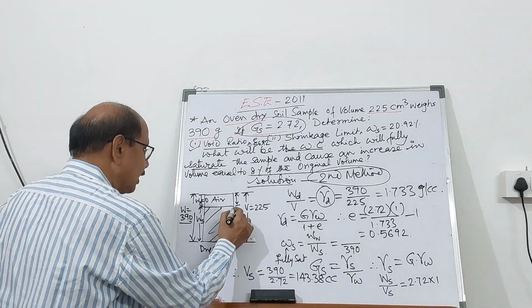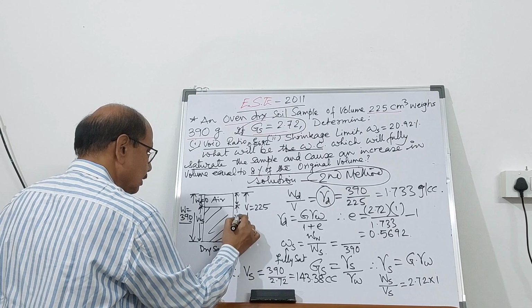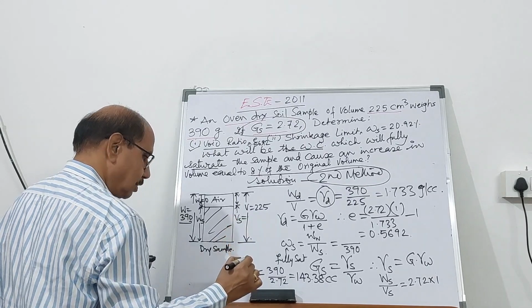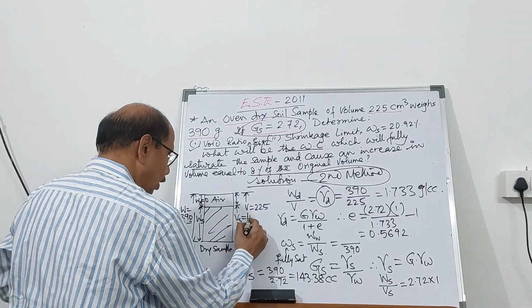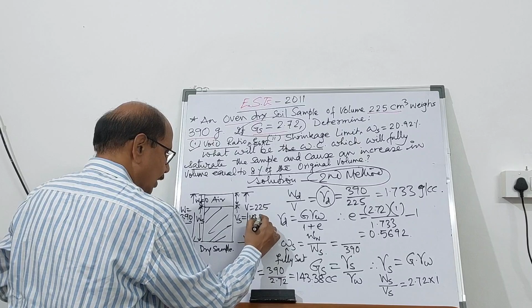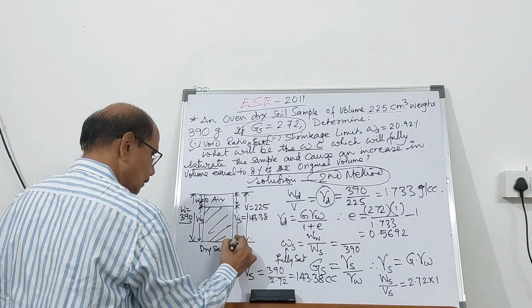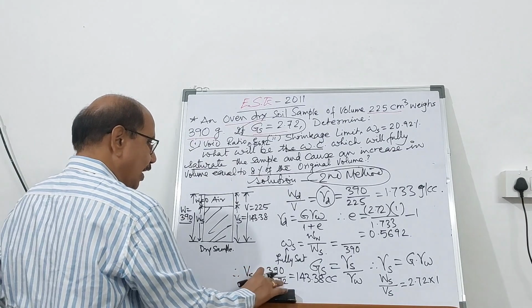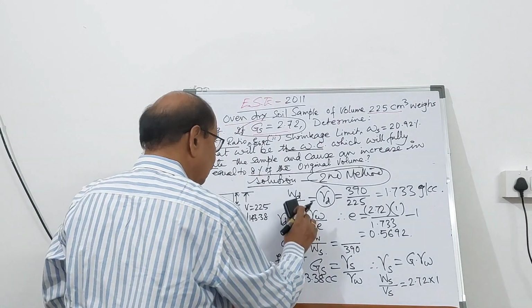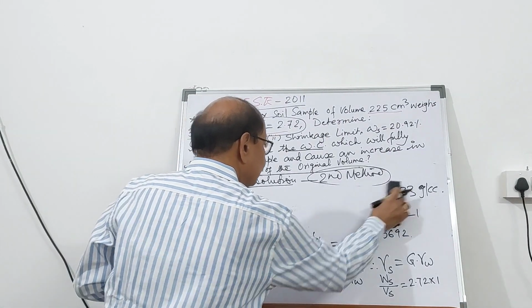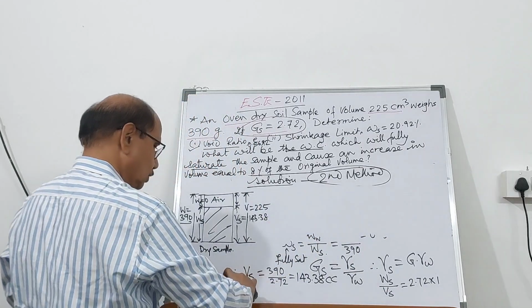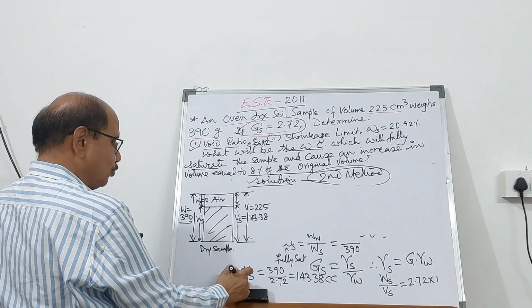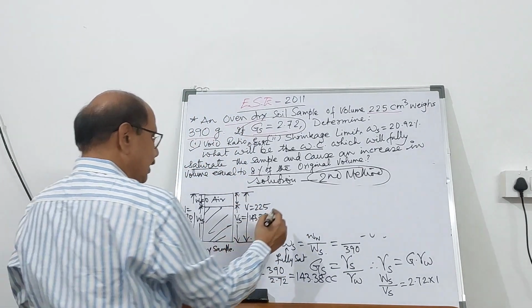So the volume of the soil solids is equal to 143.38 cc. Therefore, we are in a position to calculate now: volume of soil solids, and total volume is there.